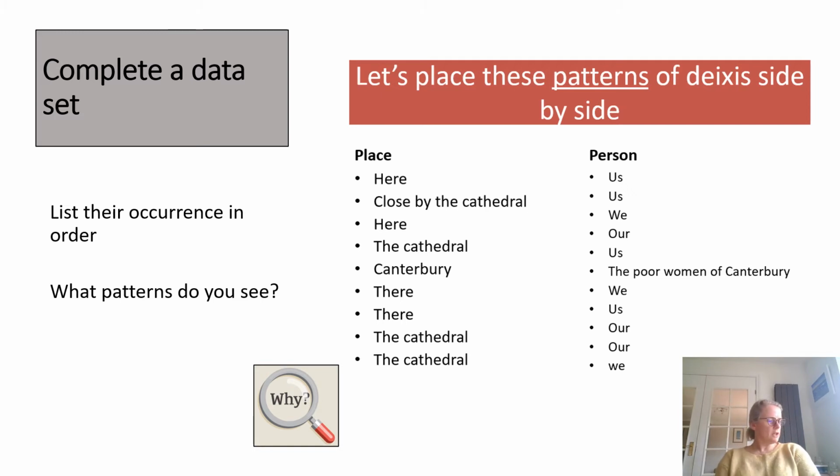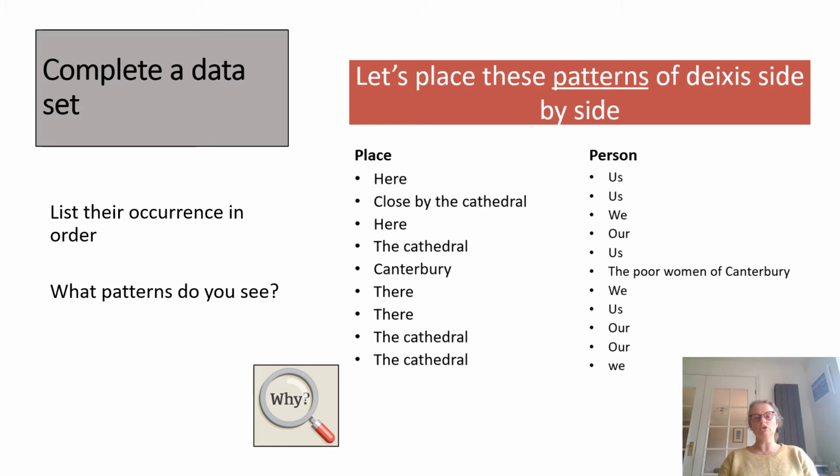So here we've got some patterns. So we look for the patterns. And we also look for any anomalies, anything that stands out to us even further. So for me, and this would be different for anybody doing this, once I get this in a list, there is a definite pattern for both of these. So here we have proximal deixis or proximal terms here, close by here.